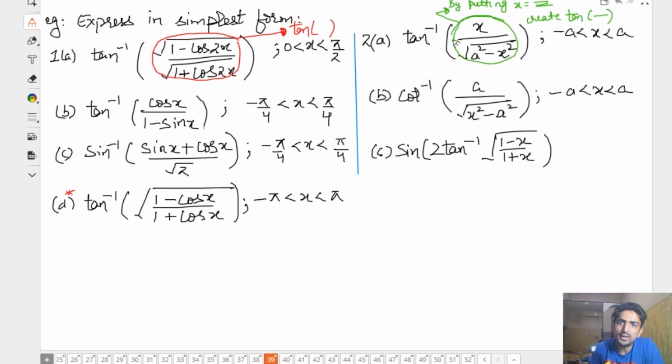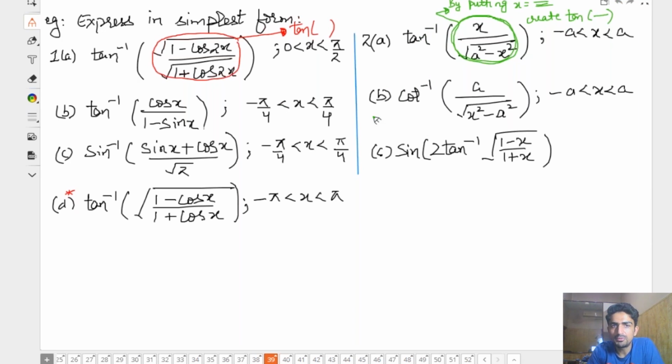You want to make it a tan of something. For that, you will have to put x equal to something. The hint is put x equal to a sin theta. Once you create tan, cancel it out and you are done. That is a hint to these types of questions.